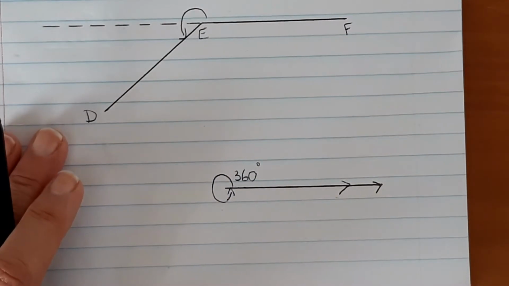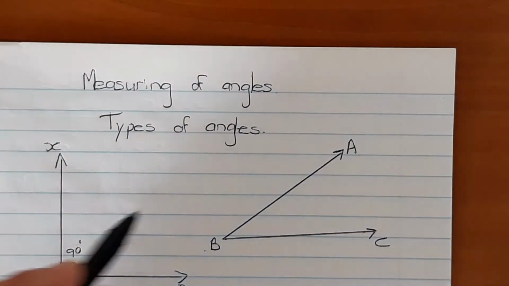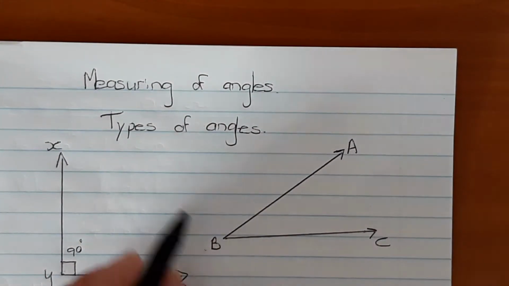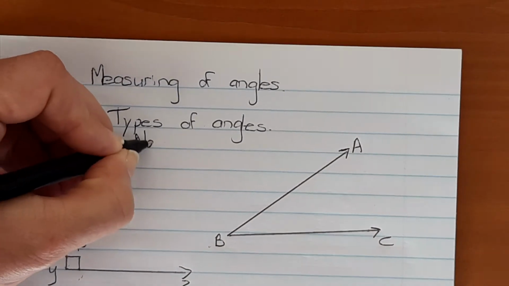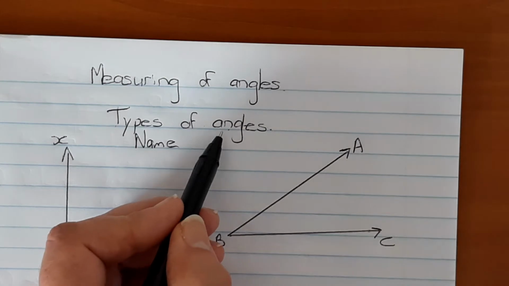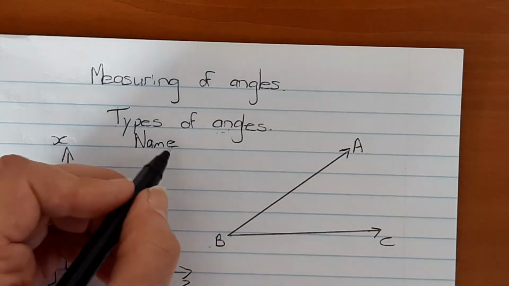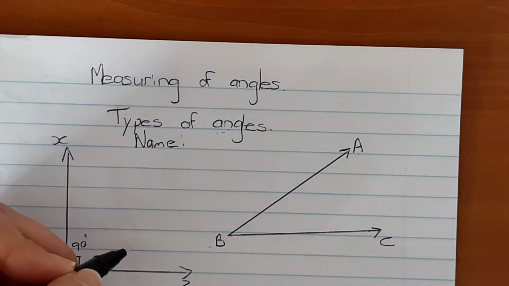To name your angles, your name is written with letters. So when you name your angle, remember that your type will be an acute or obtuse or right angle or a straight angle. Your name is written with letters.